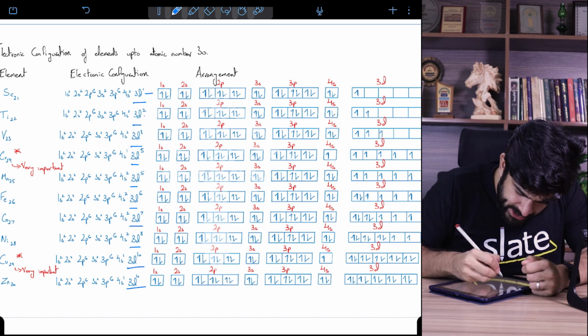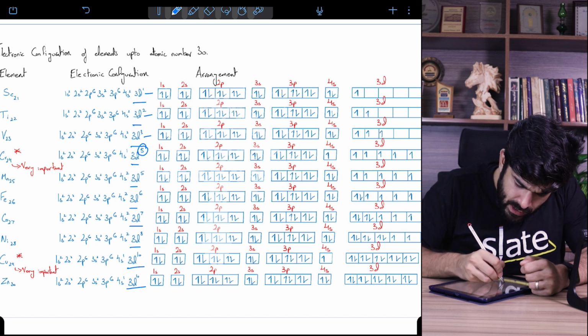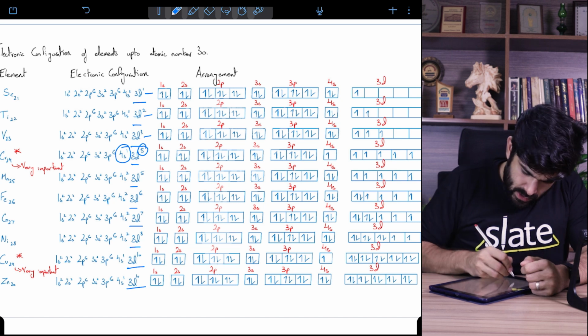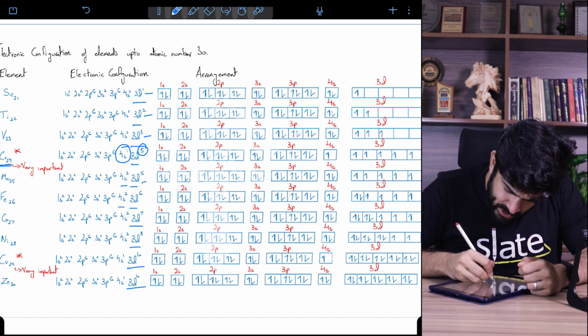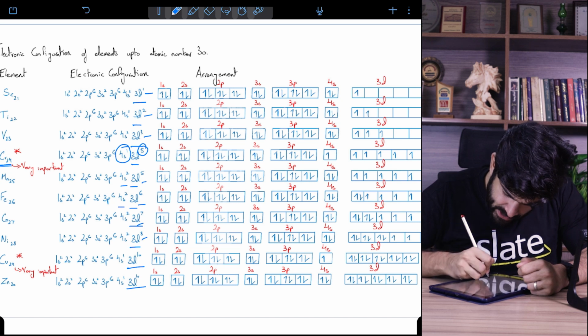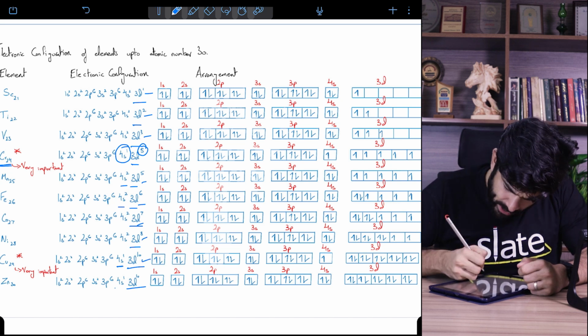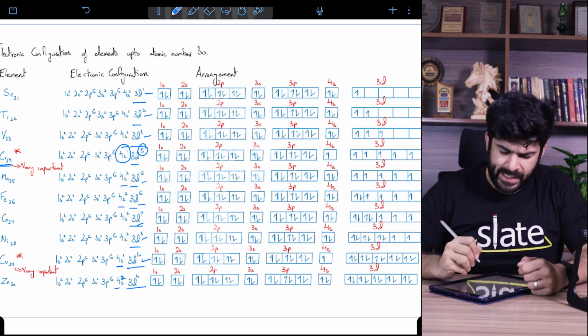So 3d1, 3d2, 3d3, but 3d5 for chromium and 4s1. Why is that happening? Likewise, if we go down, 4s2 3d5, 4s2 3d6, 3d7, 3d8, 4s1 3d10, and then 4s2 3d10.